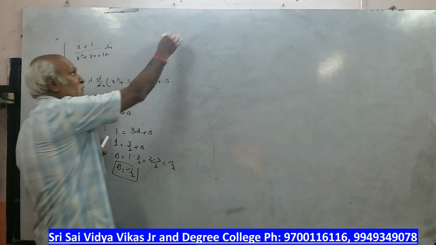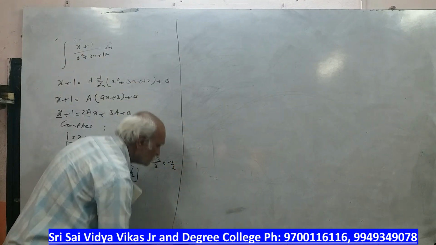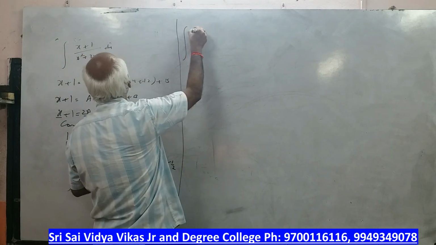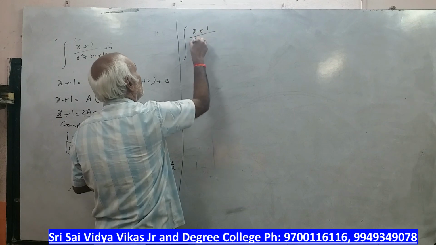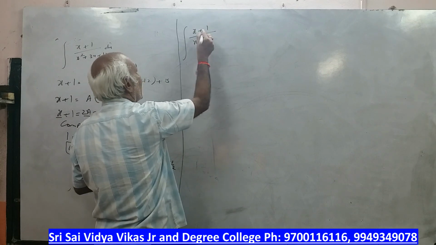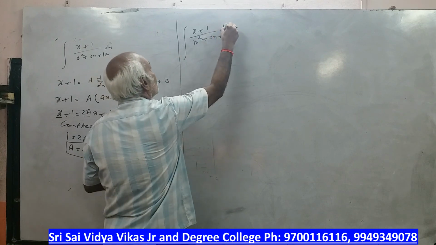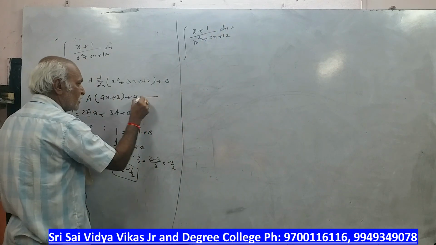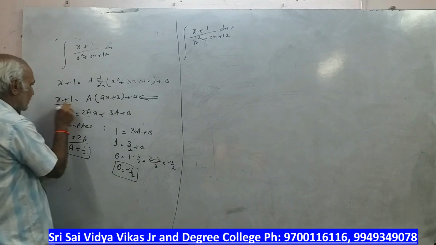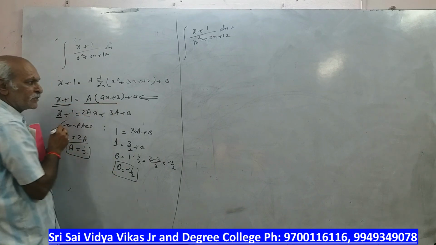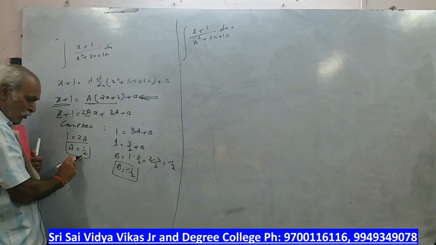Now look at the problem. The problem will become like this. If you have a doubt, go through the video as many times as needed. Okay, I am writing here. What is x plus 1? A into 2x plus 3 plus b. So the a value we already got, 1 by 2.